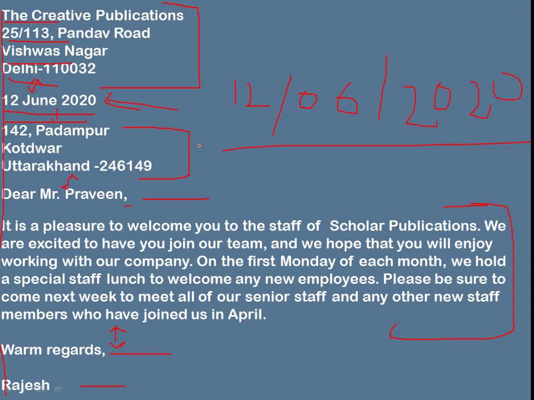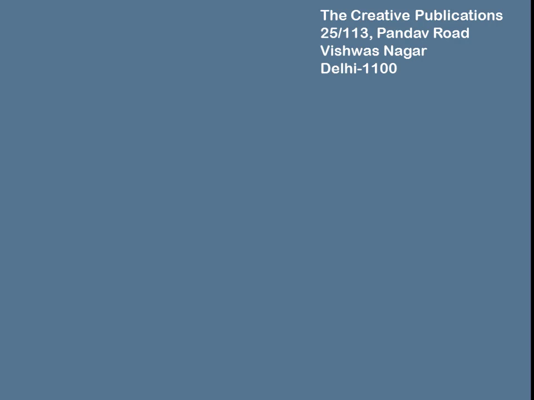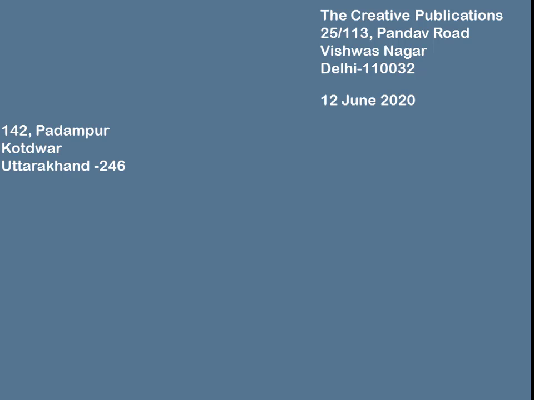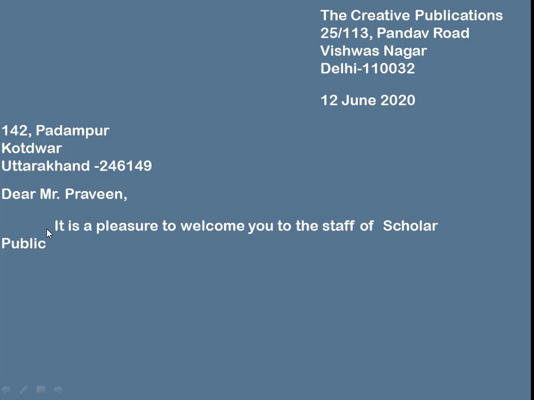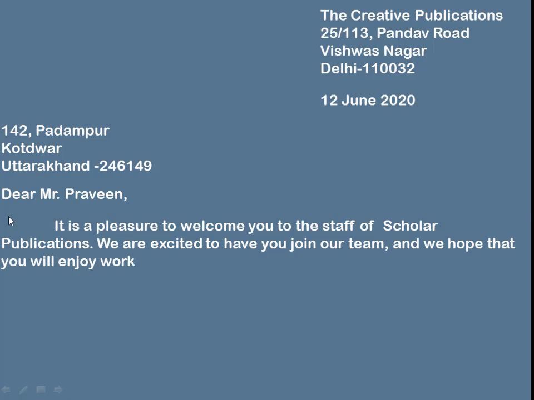Now the same formal letter, if you want to write it in indented style, you can see here the indented style. So this is the sender address, you can see it's on the right top corner, and the date is also just below on the right top corner, and then the receiver address is on the left. And here you can notice that when the first line of the body starts, there is some indent, some space here.